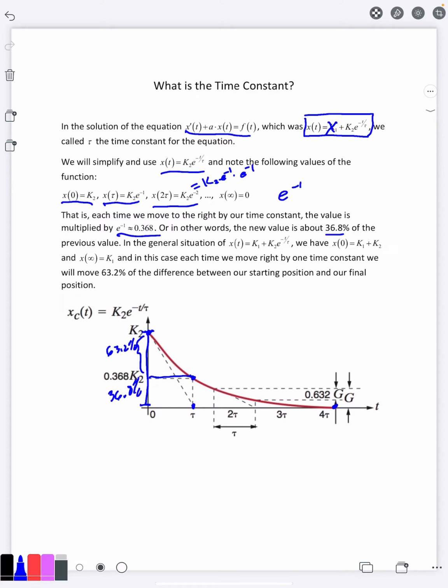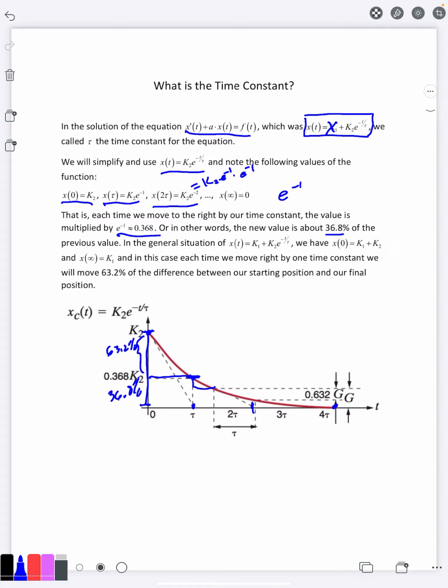Now we have a new starting point, and if we go another tau over to the right, we will once again accomplish 63.2% of our goal and only have 36.8% remaining, but it's of a new goal, not the previous one.